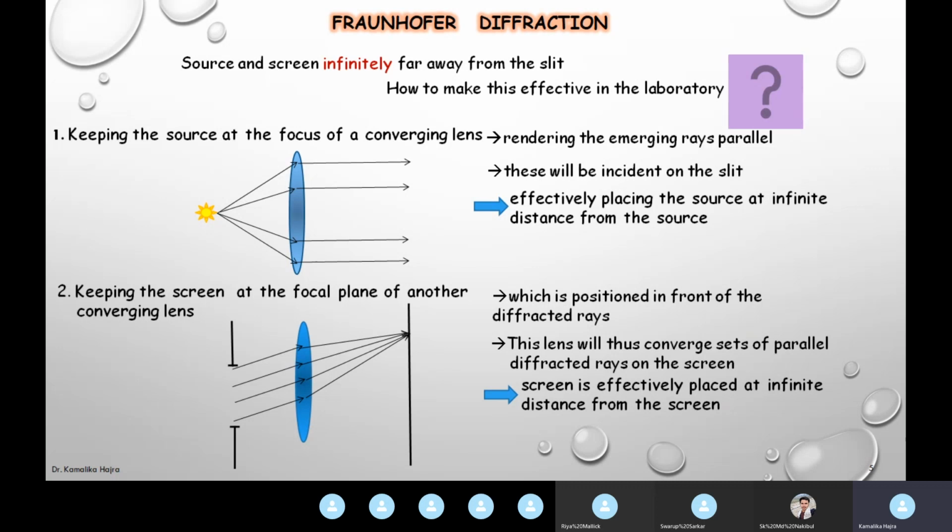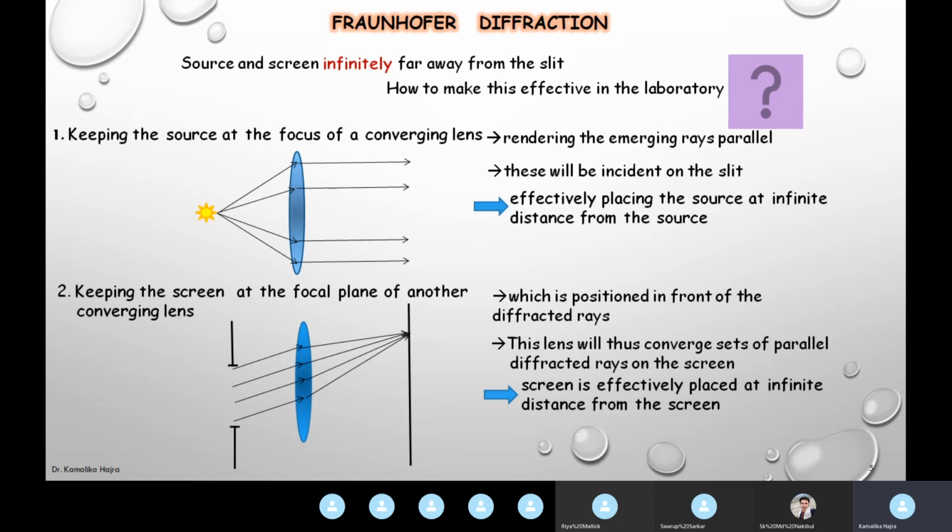Alright, so this is a very repeated question: how Fraunhofer diffraction is made effective in the laboratory. And the basic idea is that we need parallel rays to be incident on the slit. For that, we place the source at the focus of a converging lens.